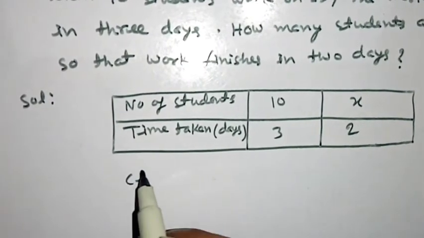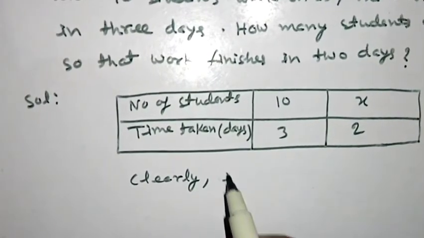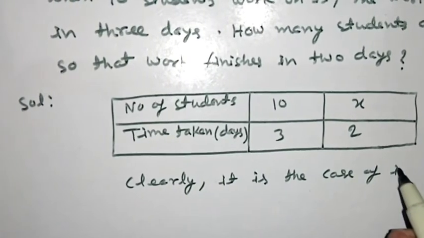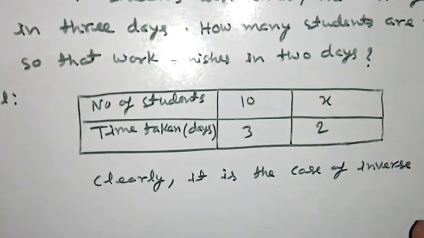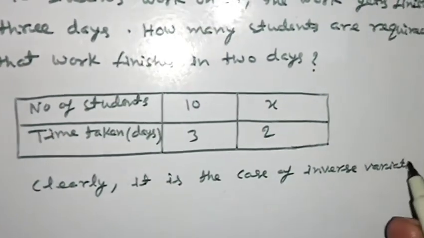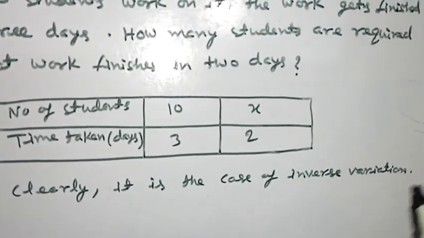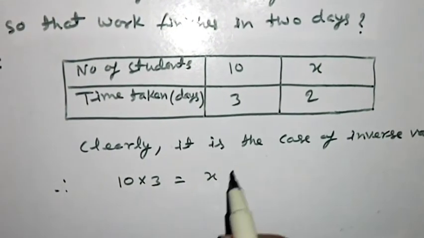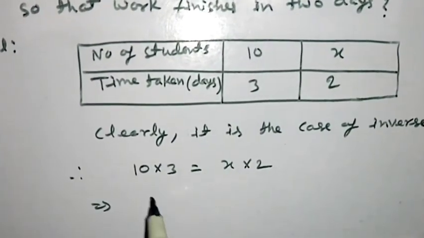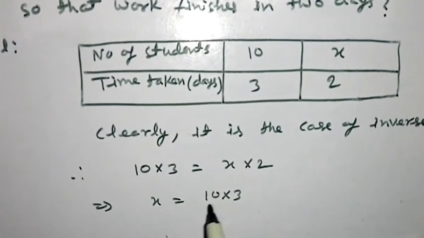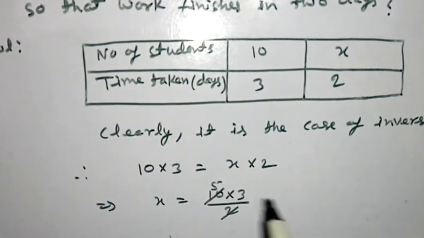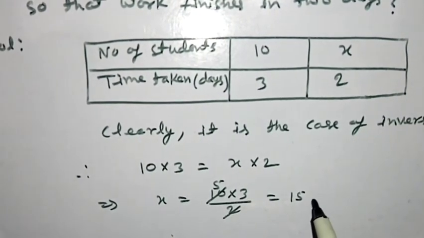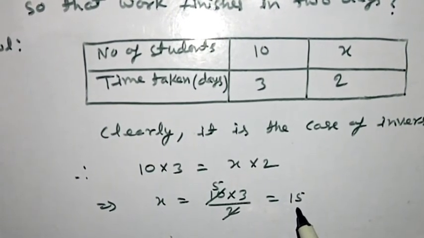So clearly, it is the case of inverse variation. So 10 into 3 equals x into 2. So x is equal to 10 into 3 by 2. 2 fives are 10, 5 threes are 15. So the number of students, 15, is our answer.